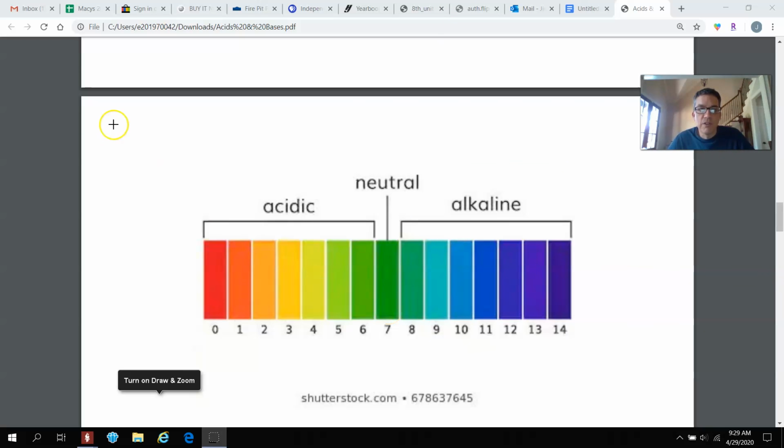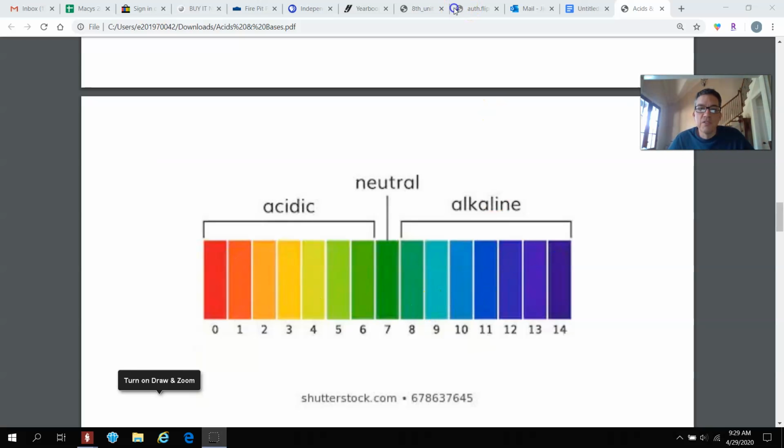Now, one of the things about the pH scale that we always have to point out is that the pH scale is logarithmic. And I don't know if in your math classes you have done logarithms, but it deals with exponents. So as we go from 7 to 1, it's not a straight line. In other words, going from 8 to 9 is not the same as going from 9 to 10 and the same as going from 10 to 11.